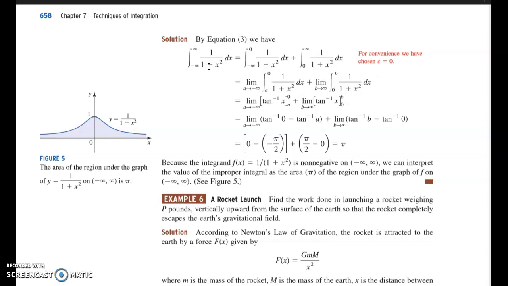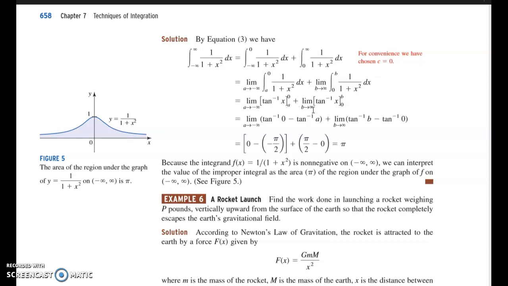So limit a tends to minus infinity tan inverse x from a to 0, and here this is tan inverse x from 0 to b.